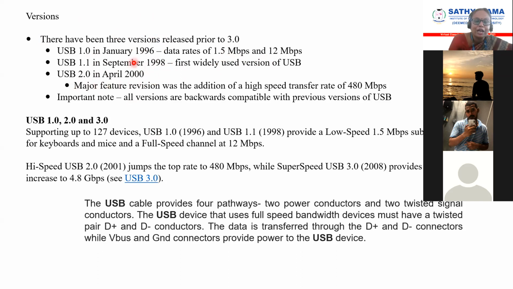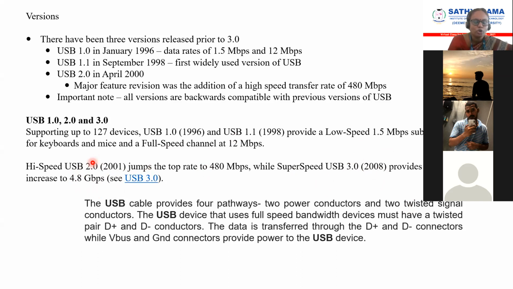In April 2000, a major revision, USB 2.0, could transfer 480 megabit per second. Then we have USB 3.0 in 2008, which can transfer 4.8 gigabit per second.